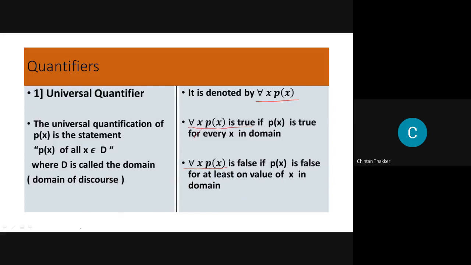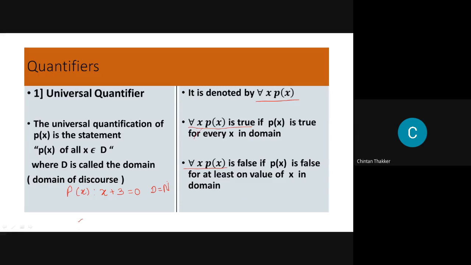Like here, suppose we take P(x) equal to x plus 3 equal to 0, and we take domain D equal to capital N. Then what is the value of P(x)?